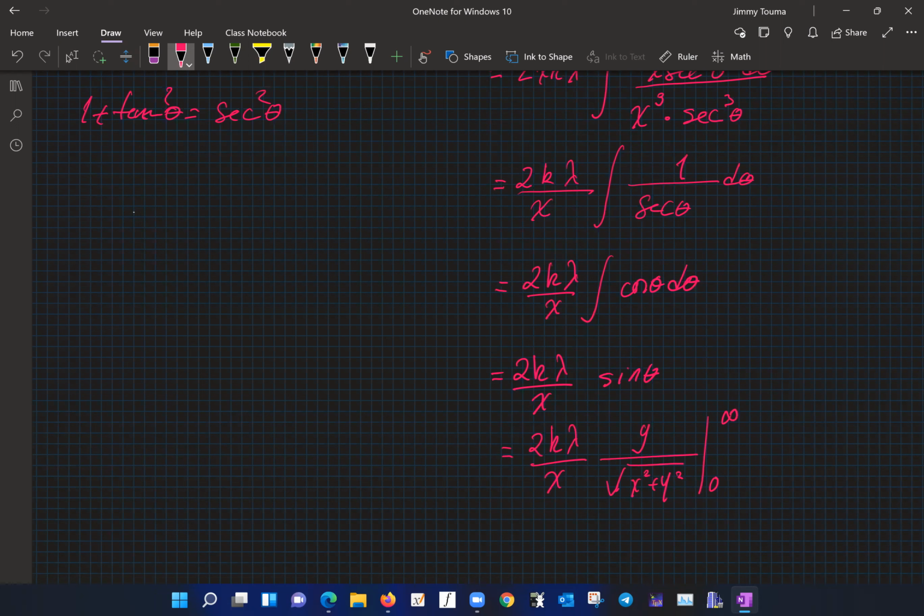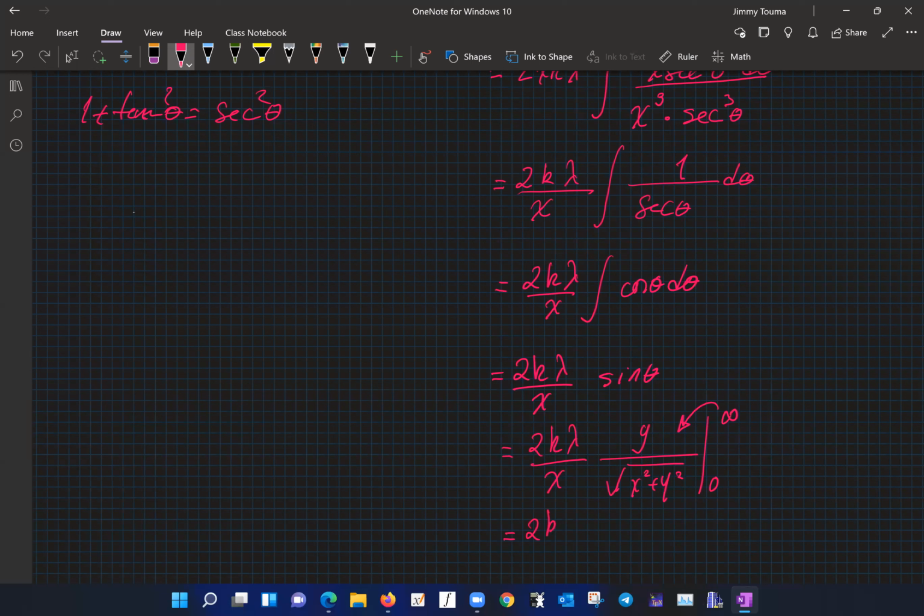So now when I plug in infinity in here, and then minus the 0. So let's plug infinity in here.